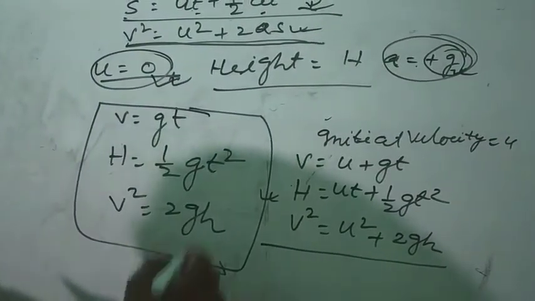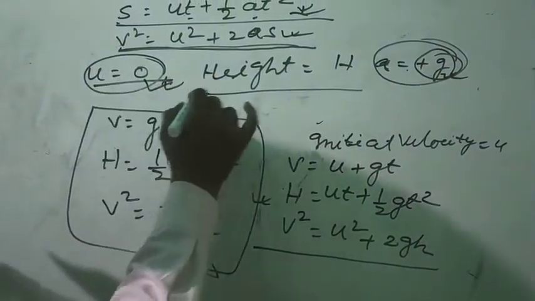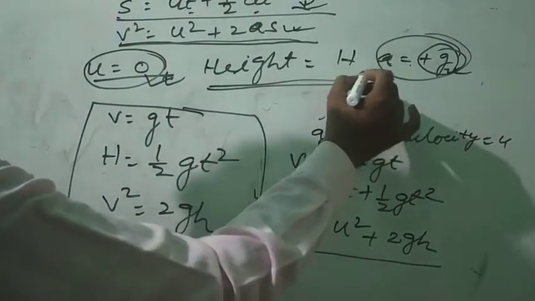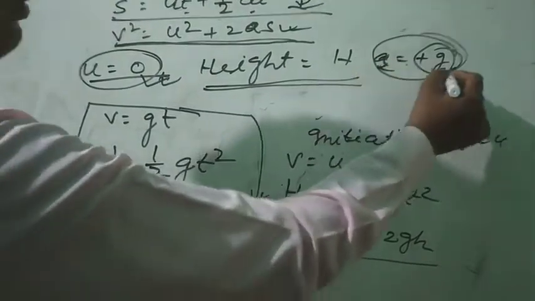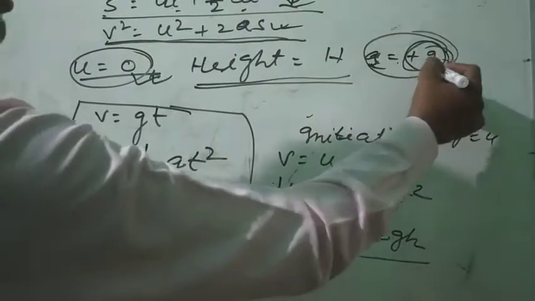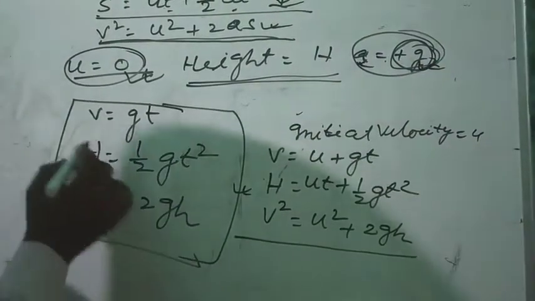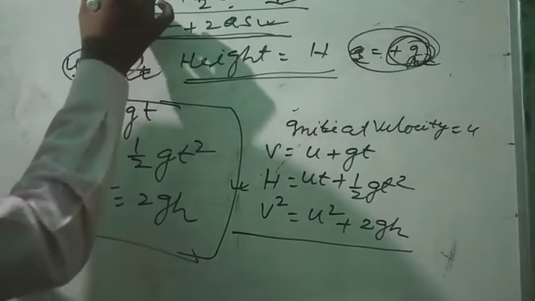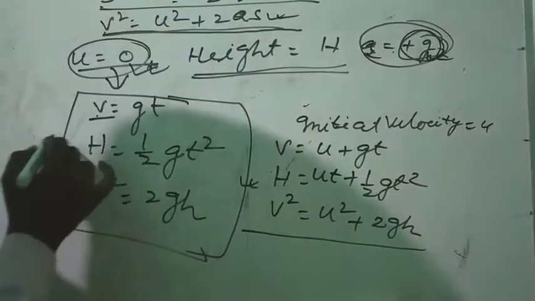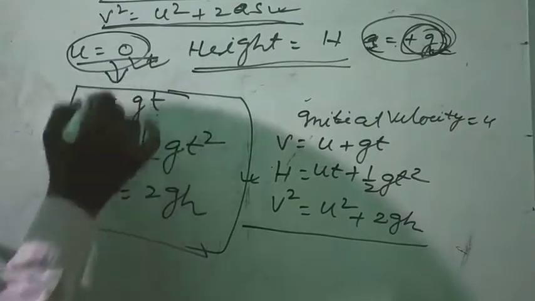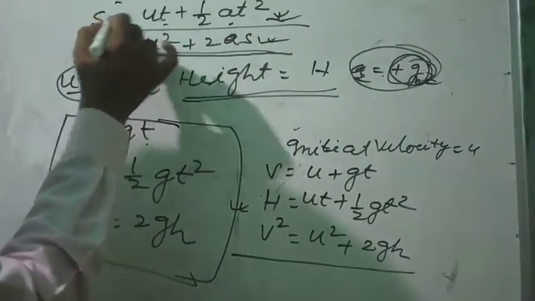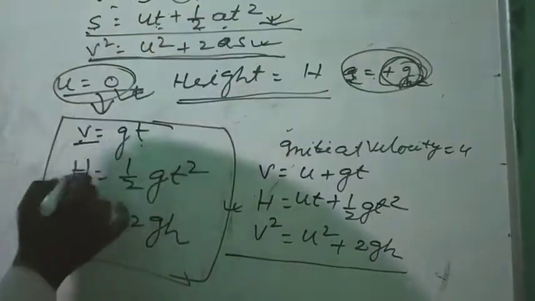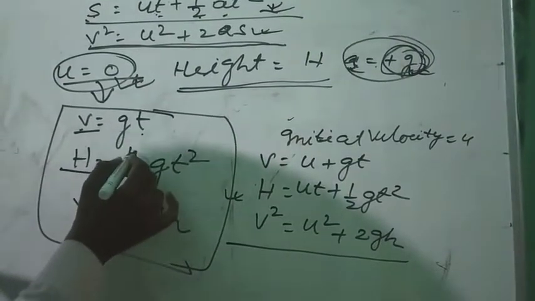when the body falls from rest, its initial velocity u becomes 0 and the height from which the body falls is h. Here a becomes plus g, where plus g denotes acceleration due to gravity. Then from this case, the first equation of motion v is equal to u plus at becomes v is equal to gt, and the second equation of motion s is equal to ut plus half at square becomes h is equal to half gt square.